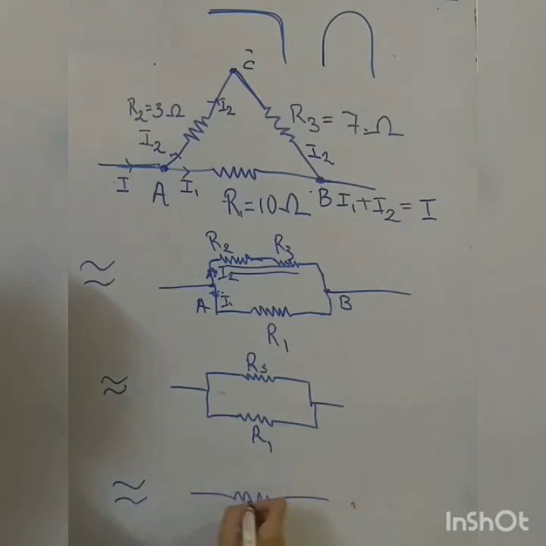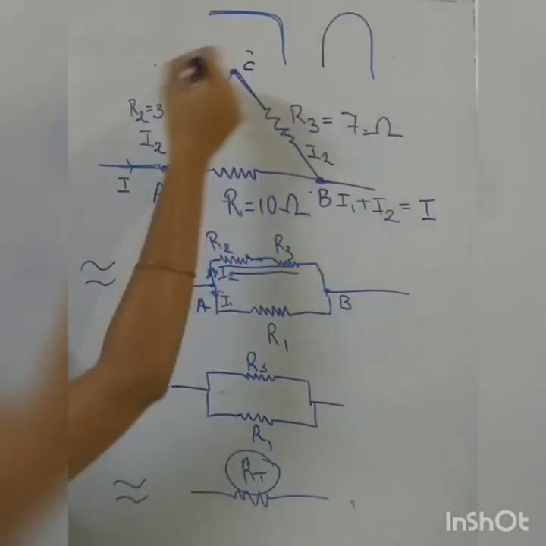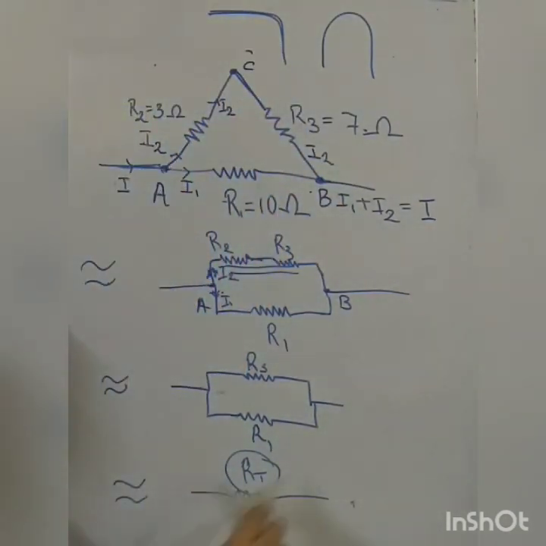Then you will find out RT, which is in parallel. So in this way, one by one, you are going to find out. These are the steps through which you will find out your total resistance. So let's solve it step by step and get the value of your RT, that is your final resistance provided by the combination of these three resistance.